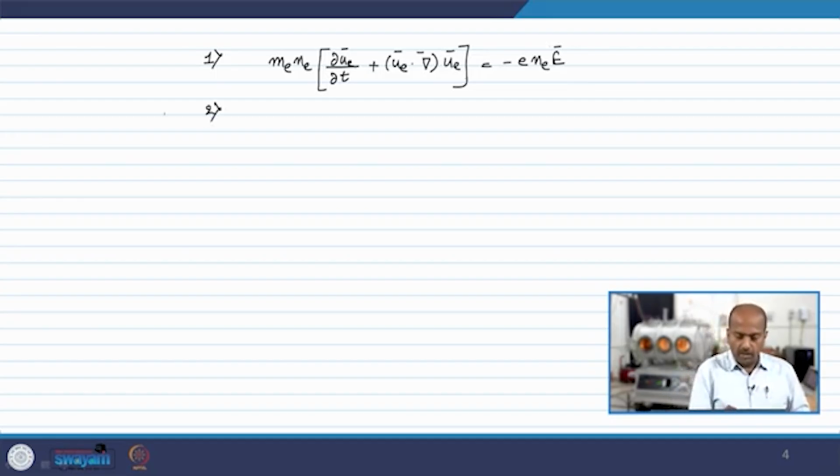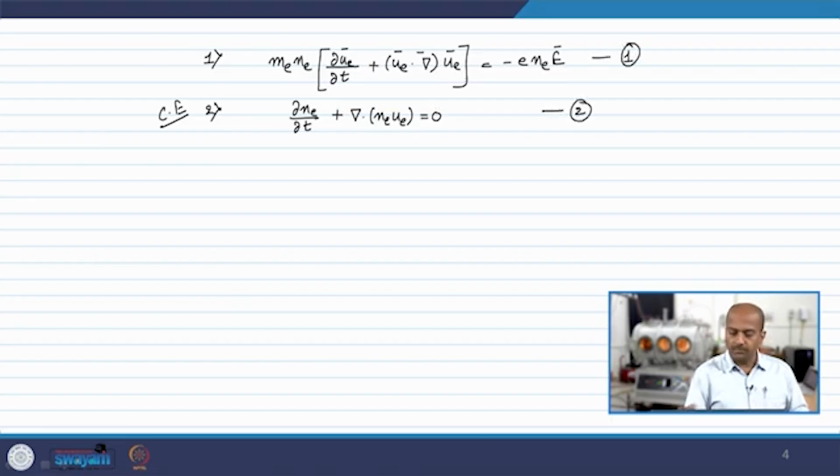Then we need the continuity equation, which is dn_e/dt plus del dot (n_e U_e) equals 0. Let us call this equation 1, and this equation 2.